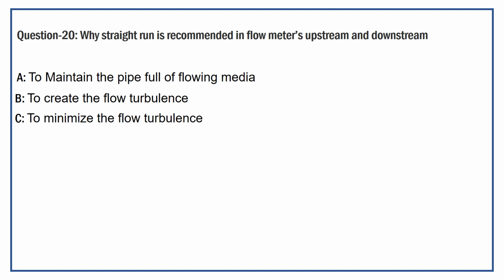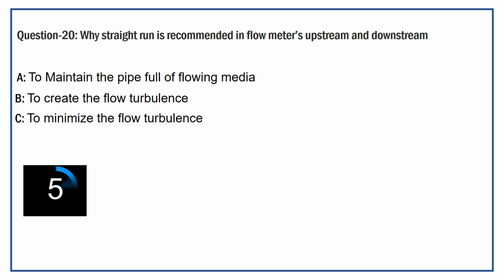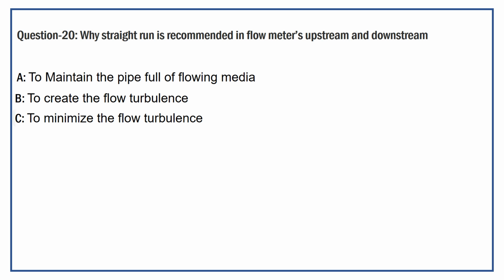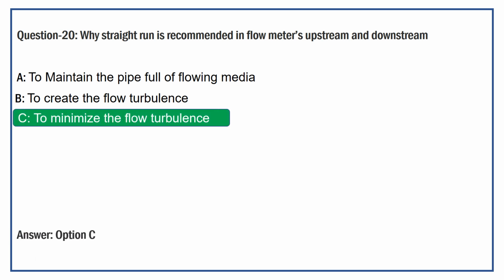Option C, to minimize the flow turbulence. And the correct answer of this question is option C, to minimize the flow turbulence. Yes friends, to minimize the flow turbulence, straight run in upstream and downstream is recommended. So the correct answer is option C.